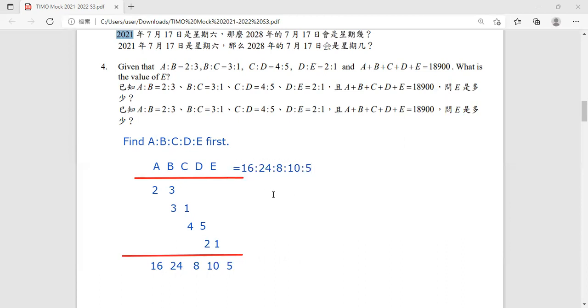Now E will be equal to its share times the sum of the ratio, which is equal to 1,500.